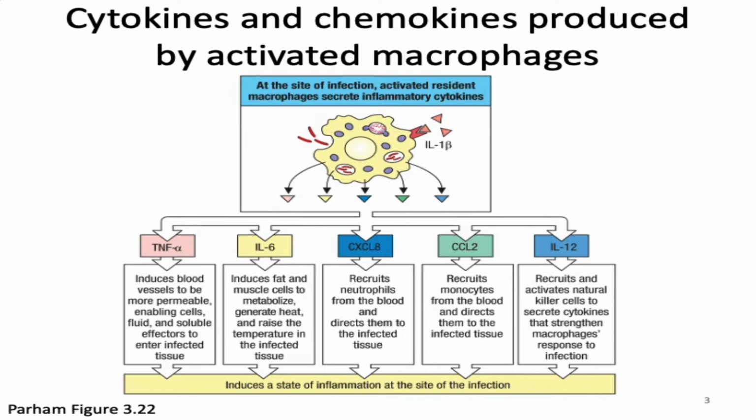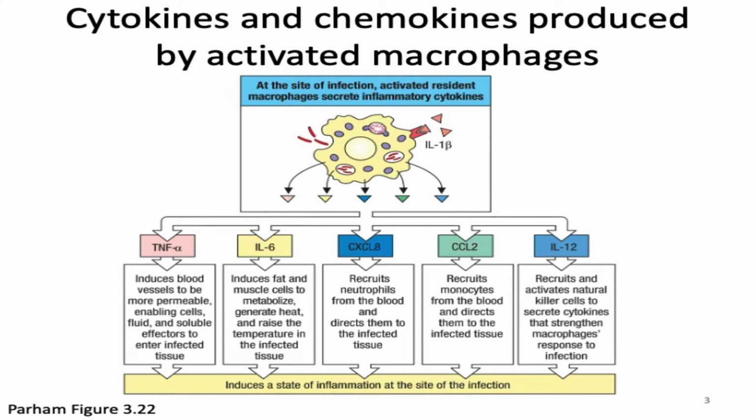When I think about the classic inflammatory cytokines, I often think about TNF-alpha, IL-6, and another one that's not listed here. Oh, it's up there, called IL-1 beta. But you can also see we've got some other cytokines and chemokines listed here. Like I said, in my mind, it's TNF-alpha, IL-6, IL-1 beta.